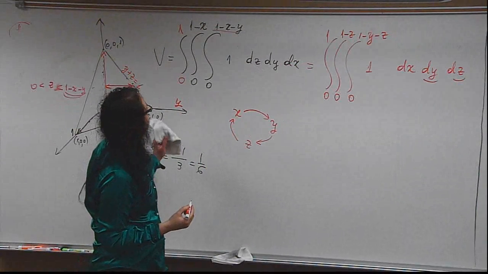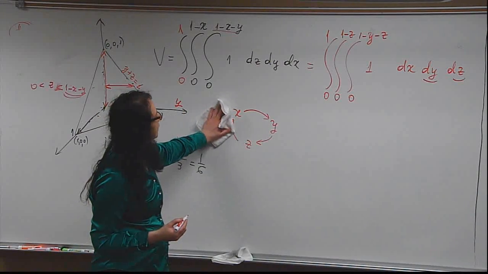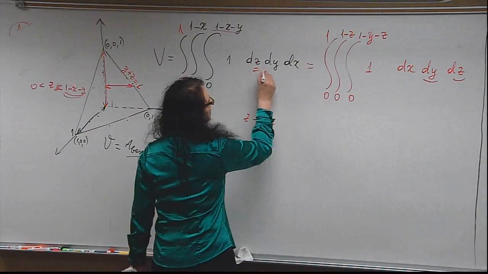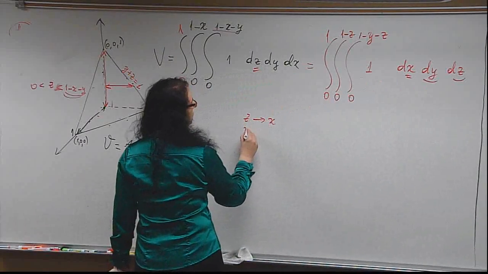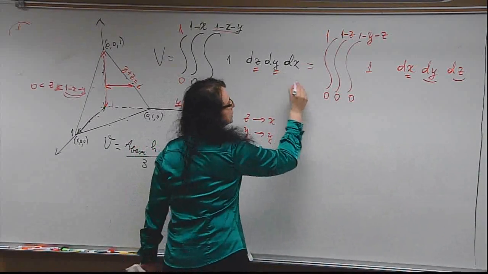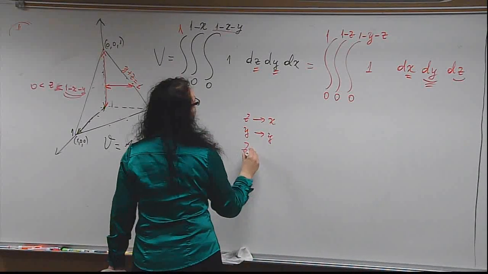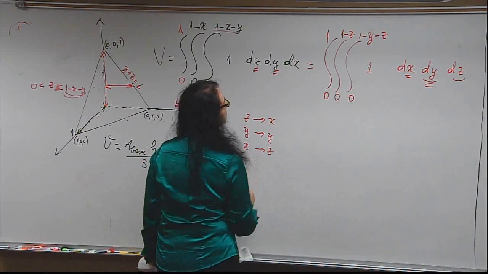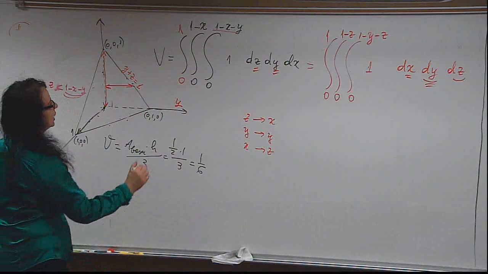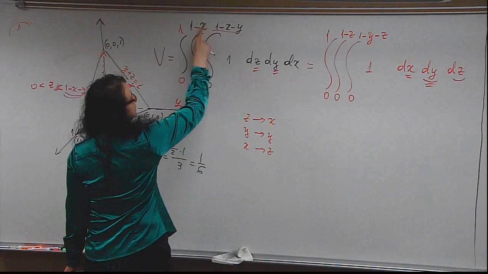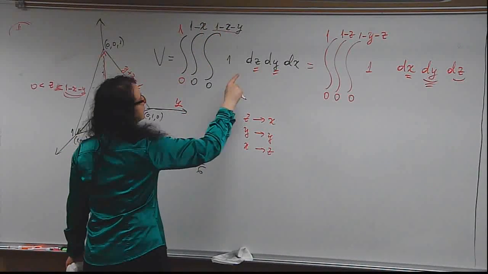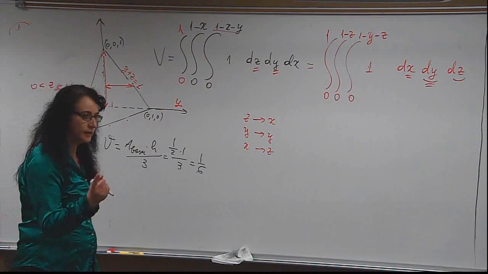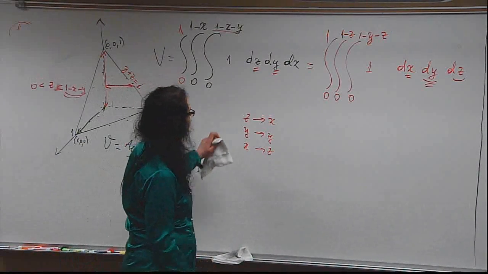So what do you replace in this case to make a circular permutation? x becomes z, y is held in place, and z becomes x. So what I can do is just replace the x's by z's, and I'm done. The x by z and the z by x.